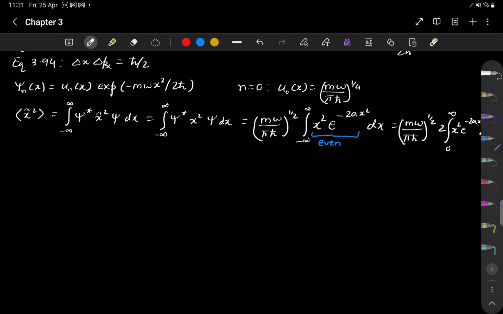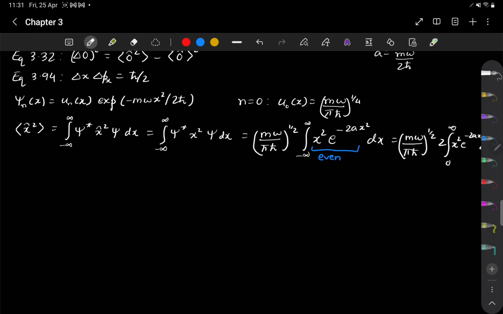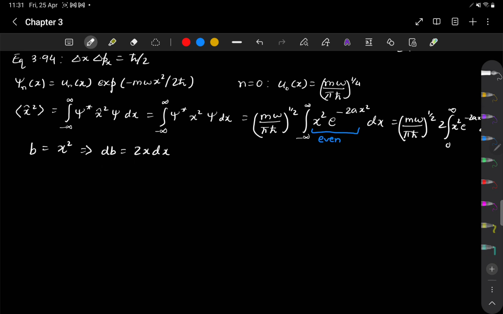Let's call some variable, I can't use p, I have already used a. Okay, let's just say b. So b is x squared. This means that db equals 2x dx. So that means dx equals db over 2x, which is db over 2 root b.